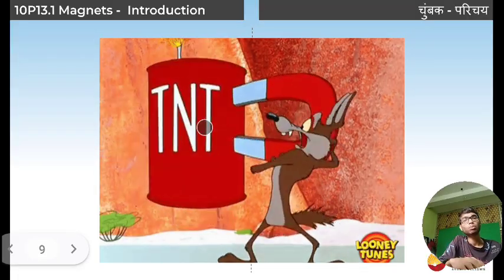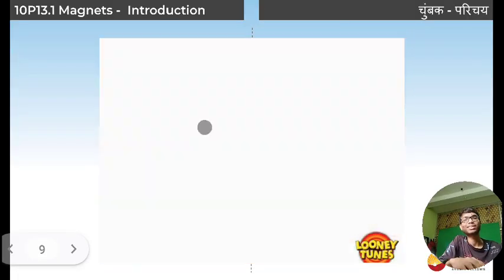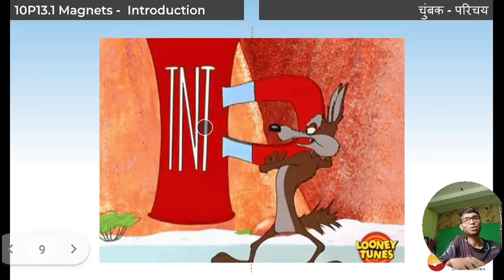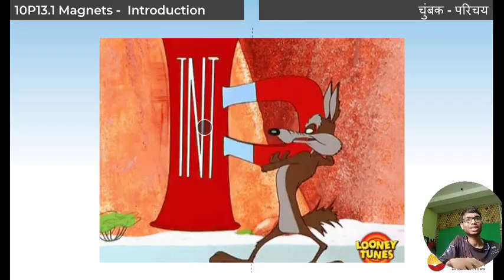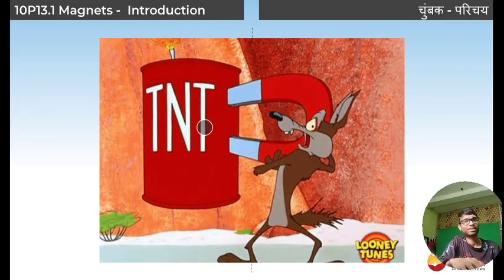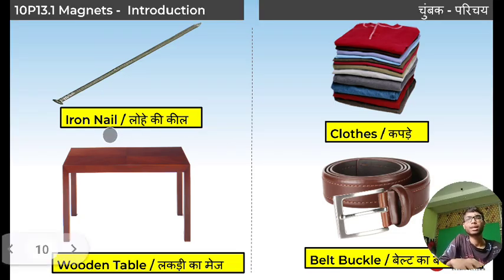If you put insulator material near the magnet, then it will not work. Now here, an iron nail, yes, the magnet will attract this, but this is an insulator. It will not attract it because it does not have free electrons.